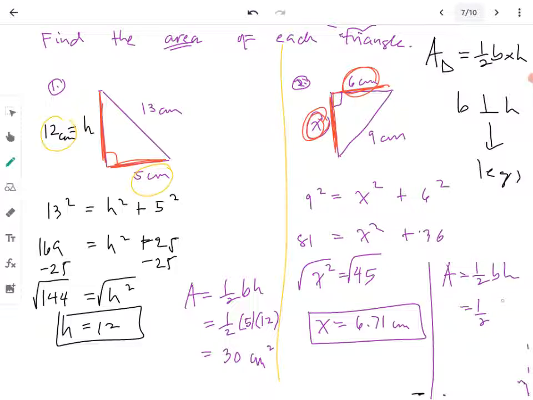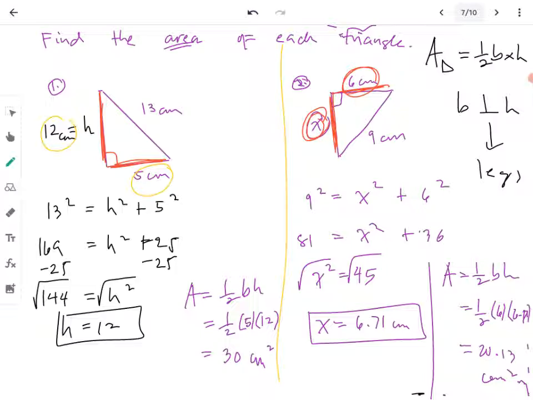So you can use base as the 6 here. Then the height will be the x, which is 6.71 cm. Computing that, we will have 20.13, and the unit is cm square.